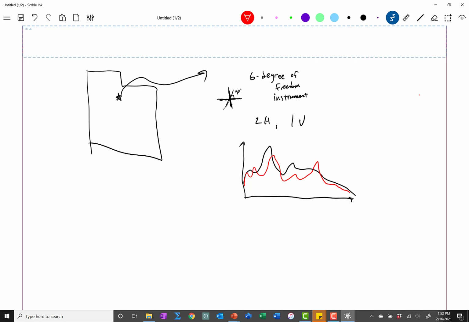So the question, the $1 million question is, which orientation gives me the maximum peak response? Is it this orientation here? Is it this orientation here? Is it this orientation here? The point is, we can't have an instrument in every orientation.